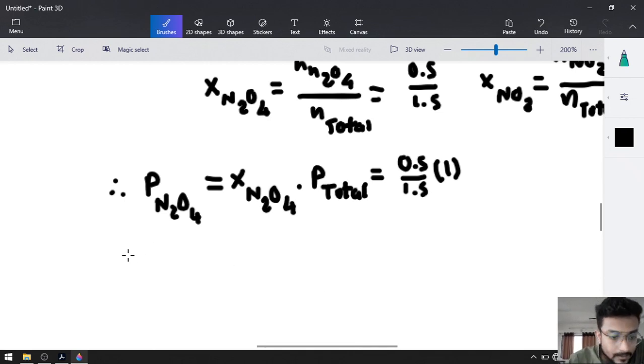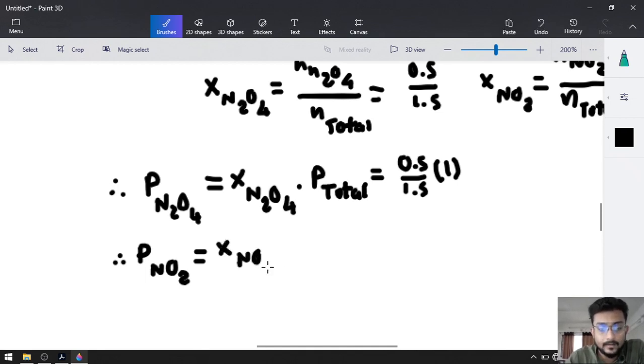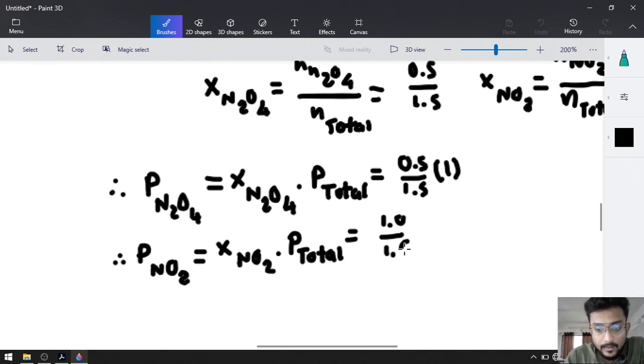Likewise, partial pressure of NO2 will be equal to mole fraction of NO2 into total pressure. So mole fraction is 1.0 upon 1.5, into total pressure 1. Now we have partial pressure of N2O4 and partial pressure of NO2.